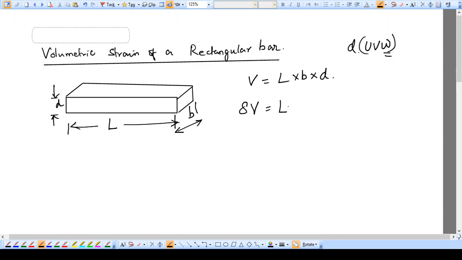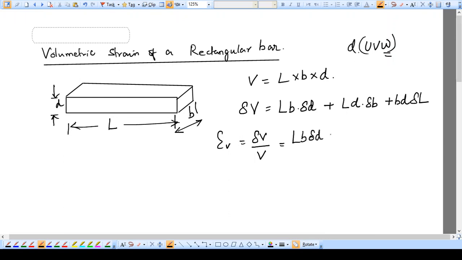I am keeping L, B constant and differentiating D. Next, I am keeping L and D constant and differentiating B. Next, I am keeping B and D constant and differentiating L. So the volumetric strain is given by the change in volume by the original volume. So this becomes LB delta D plus LD delta B plus BD delta L divided by L B D.